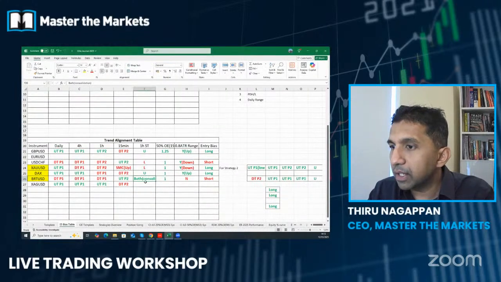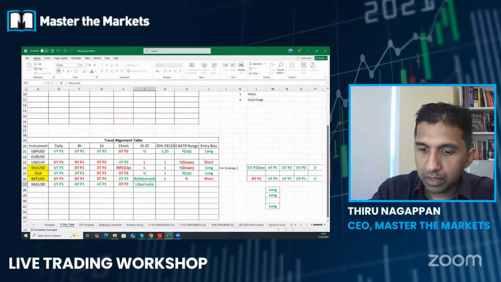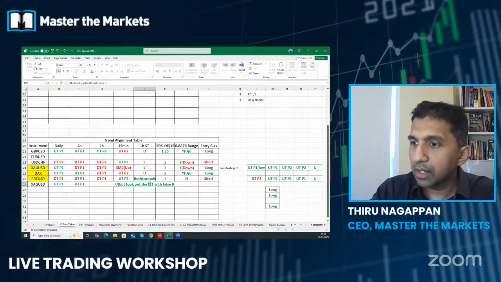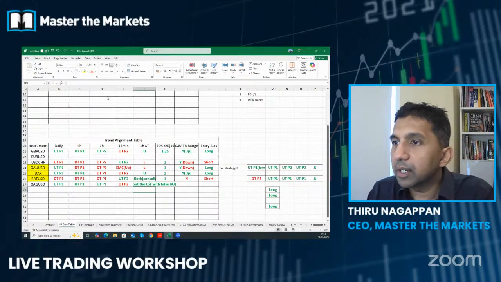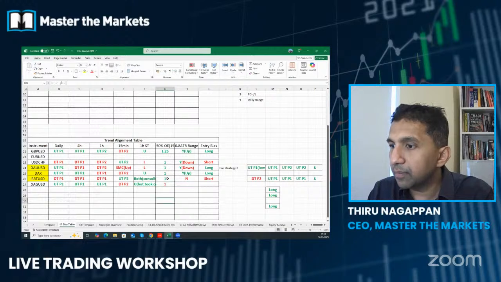I would say mainly towards the upper, but took out the lower stretch with false breakout. Okay, so I'll just write that out for reference, right, later on.